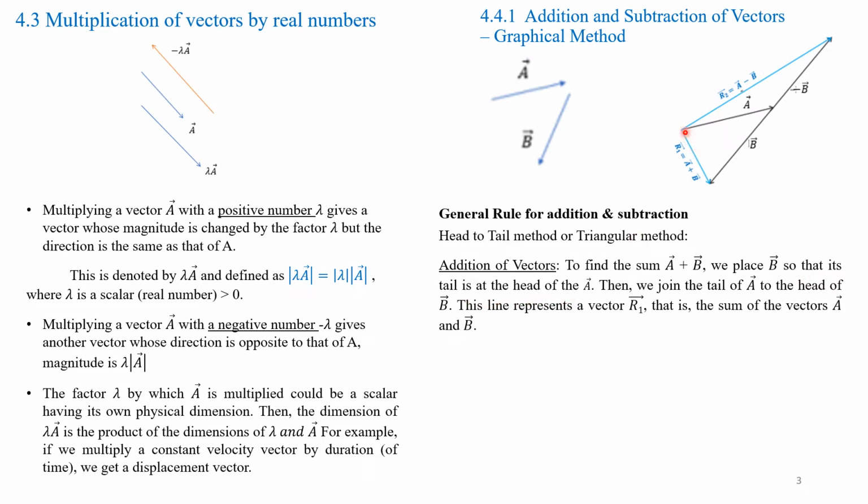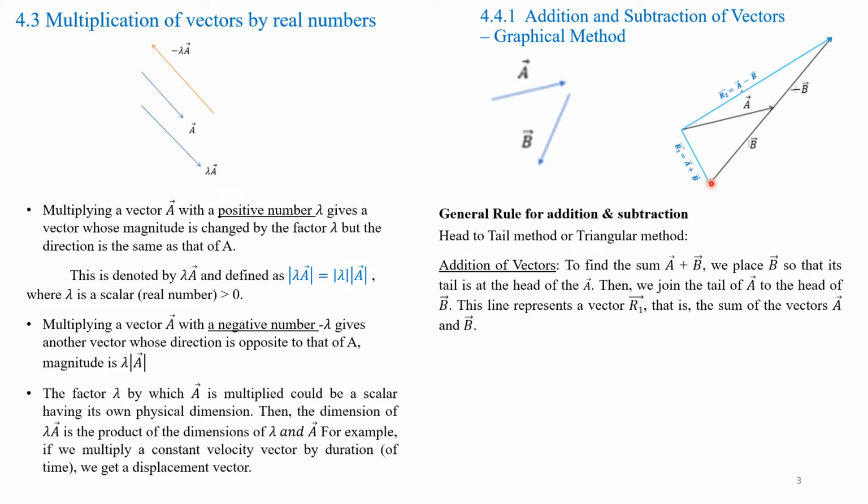This is the given vector A and this is the tail end of B. So we place the tail of B such that it starts from the head of A. This is the head of A and tail of B, and this is the head of B. Then we join the resultant from the origin to the head of B. This line R1 represents the sum of A plus B. Vector R1 is equal to vector A plus vector B.